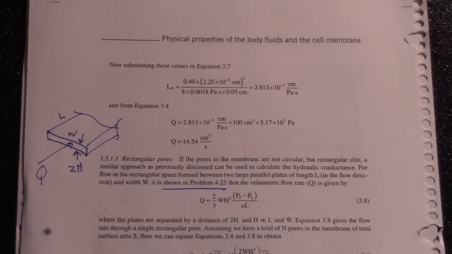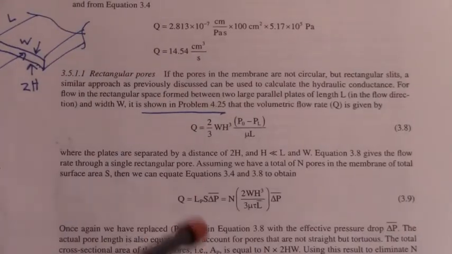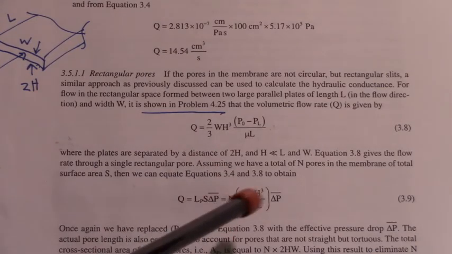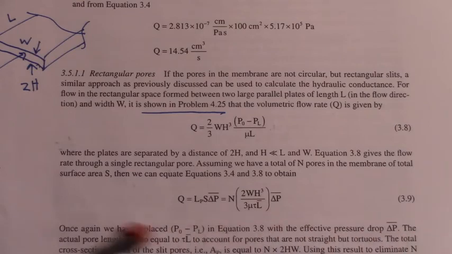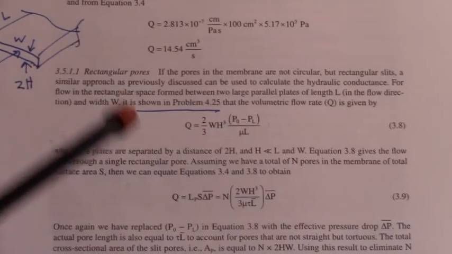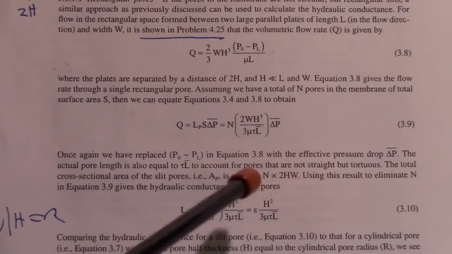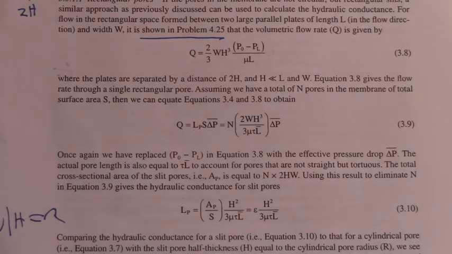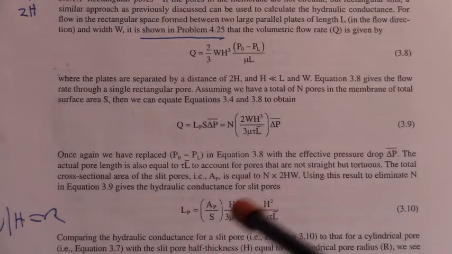So what you do, again, just like with the cylindrical pore, is we say equation 3.4, Starling's equation, has to now equal N times our flow rate through one of these rectangular pores. And you go through the same argument again: the pore area is going to be 2H times W, that's the pore cross-sectional area, times N, the number of pores. And you end up with equation 3.10, which would be the hydraulic conductance if you have rectangular pores in your membrane.